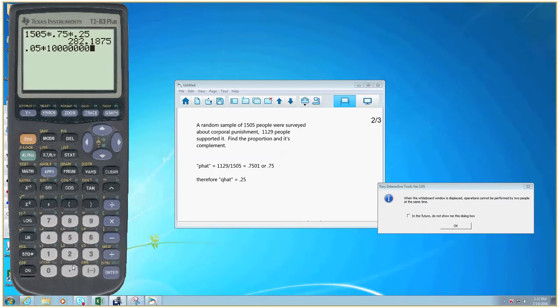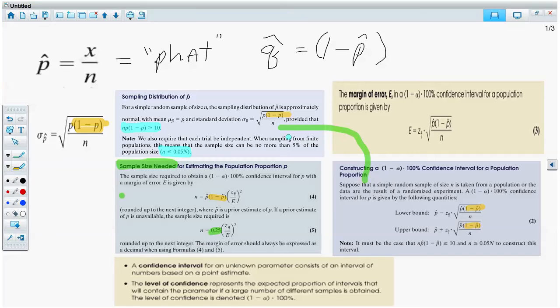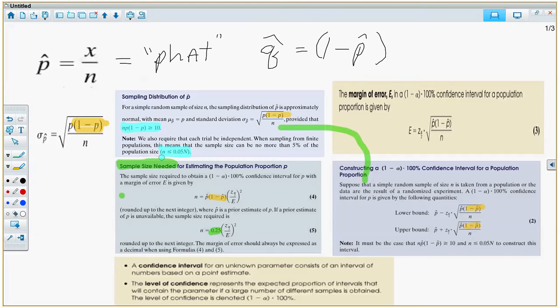Looks like it. Is 500,000. So yes, to answer that question, and usually they give you something in the question that says it's the United States or whatever the case may be. So in this case, n is less than or equal to 500,000. So it's okay.